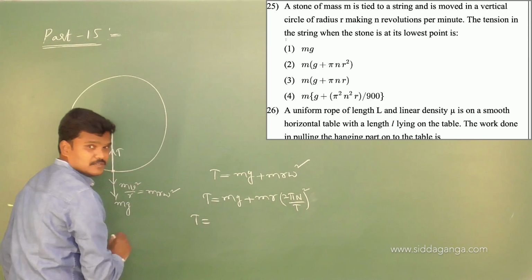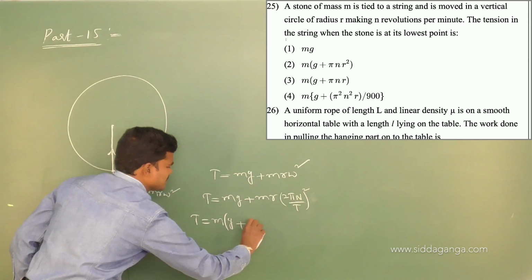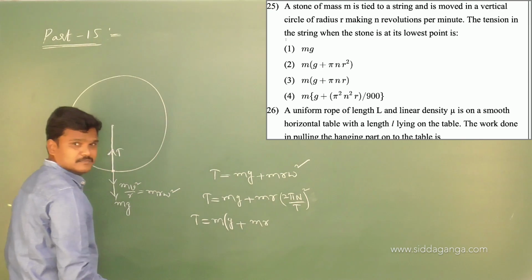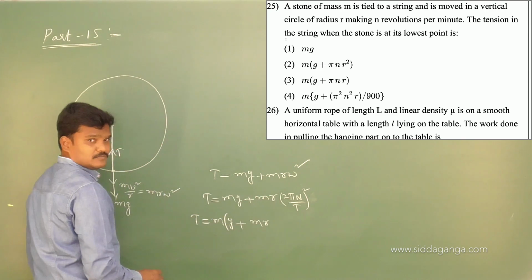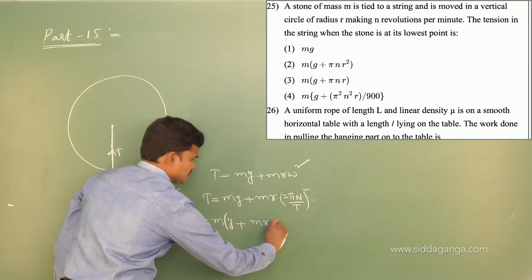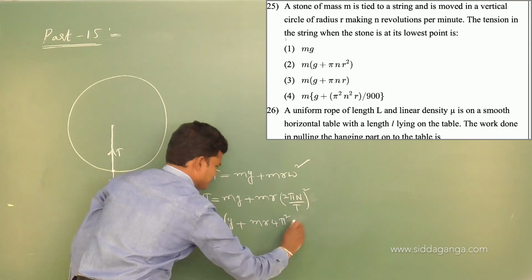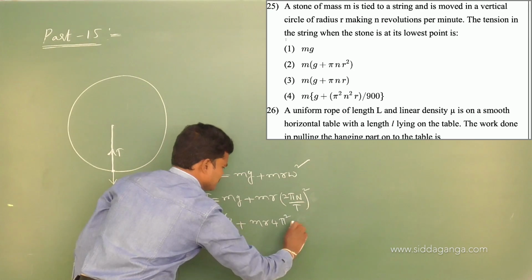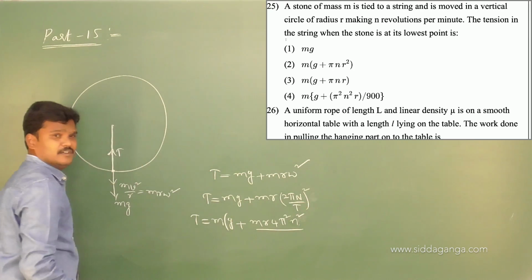T is equal to, now let me write m outside, m into g plus r times 4 pi square n square, small n you write, by t square.